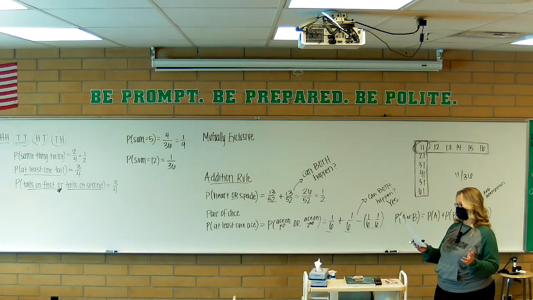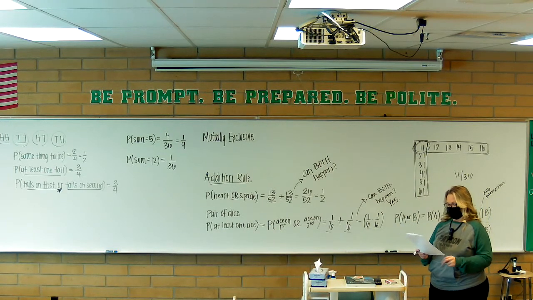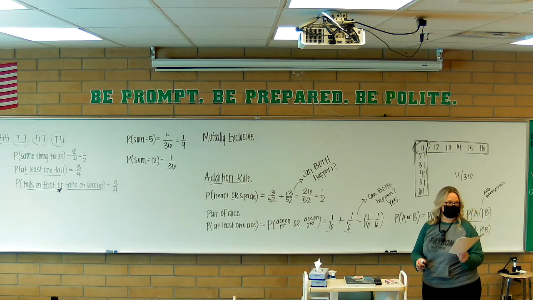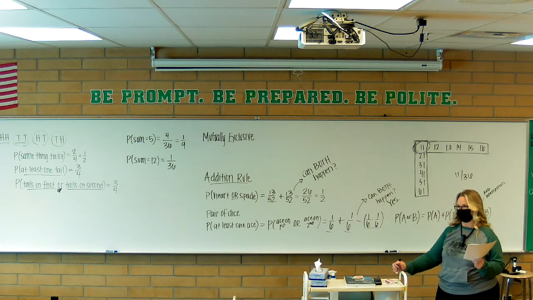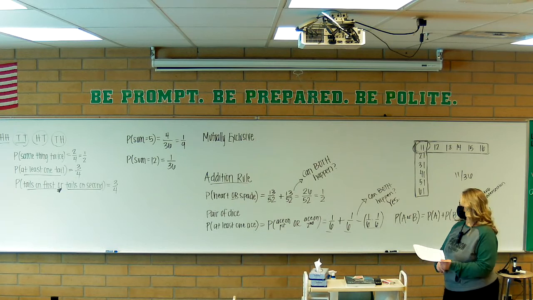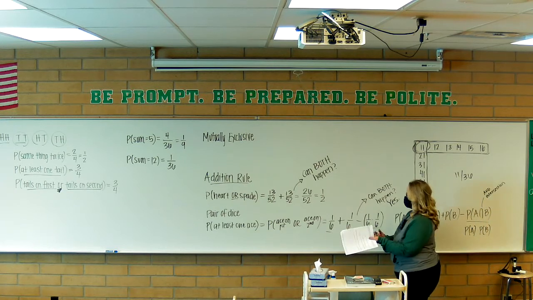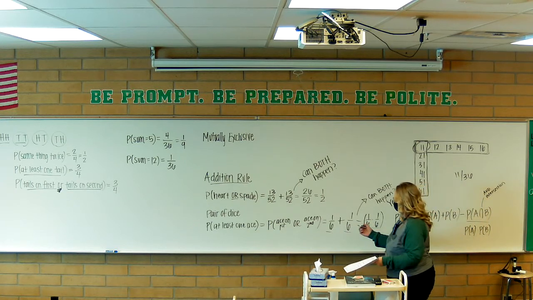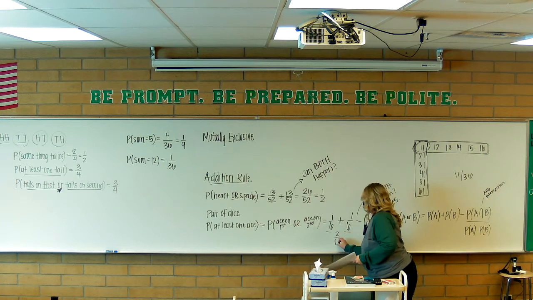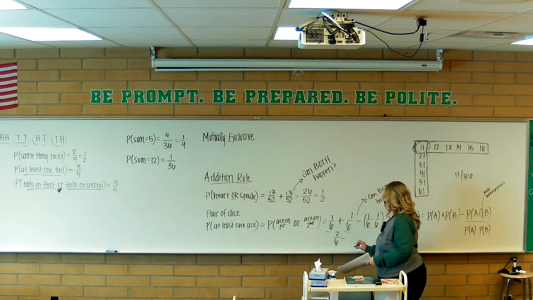Oh, so true or false? The chance of getting at least one ace is 1/6 plus 1/6. False. It is 1/6 plus 1/6, which would be 2/6, but I need to take off 1/36.